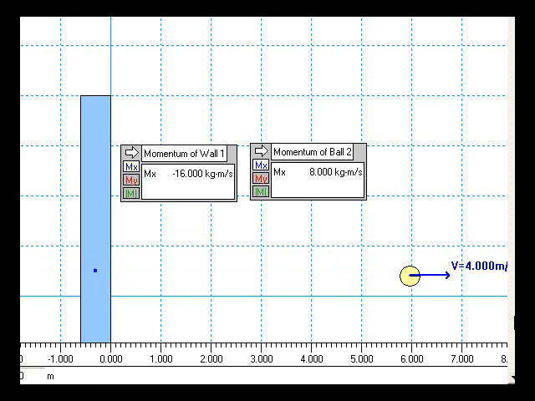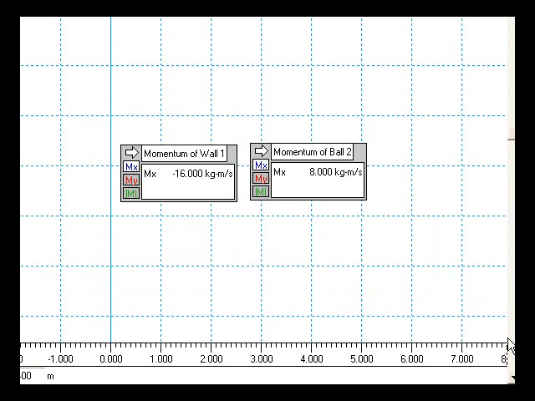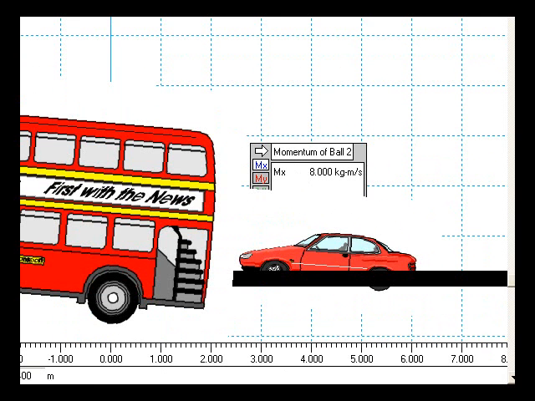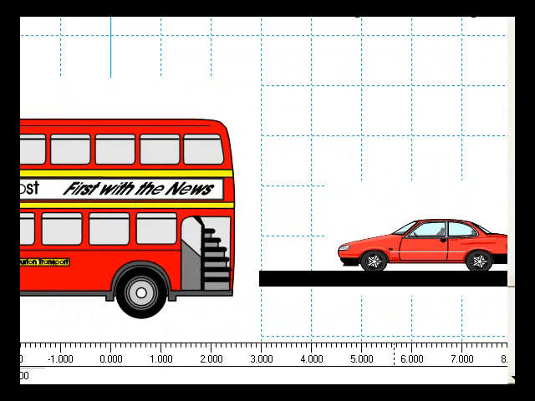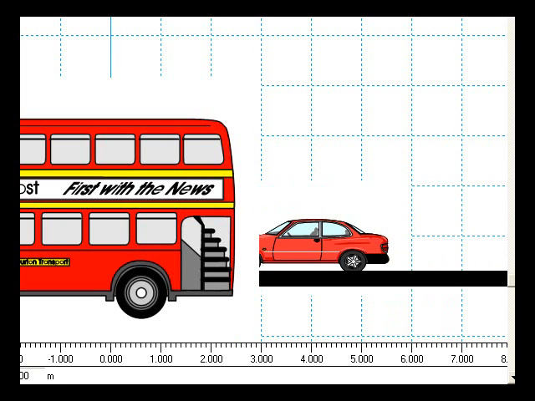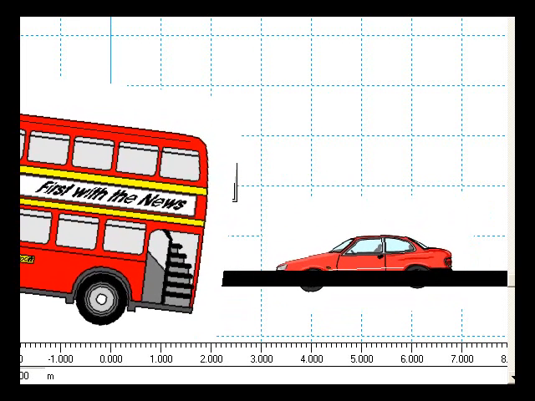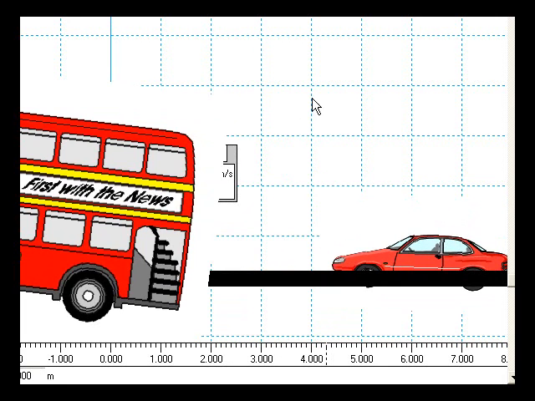Why is that important? Well, let me show you another example. First I have to reset this here. In any kind of collision between cars, in this case a car and a bus, notice that the bus, even though it's a whole lot heavier, more massive than the car, absorbs momentum as well, and we know that from any kind of collision.